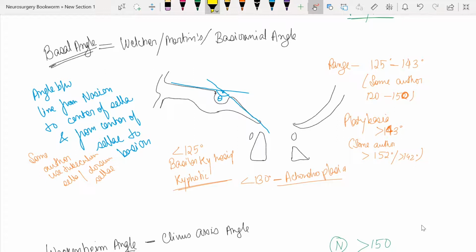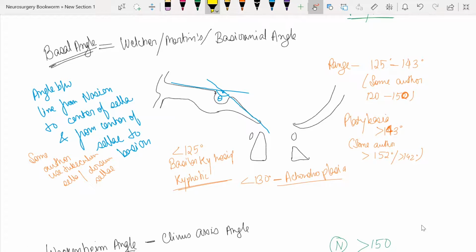For measurement of basal angle, a line from Nasion to the center of Sella is drawn and another line from center of Sella to Basion is drawn, and this angle is called basal angle.